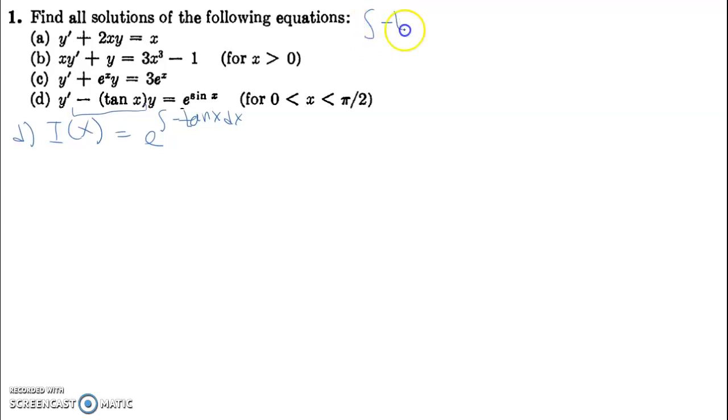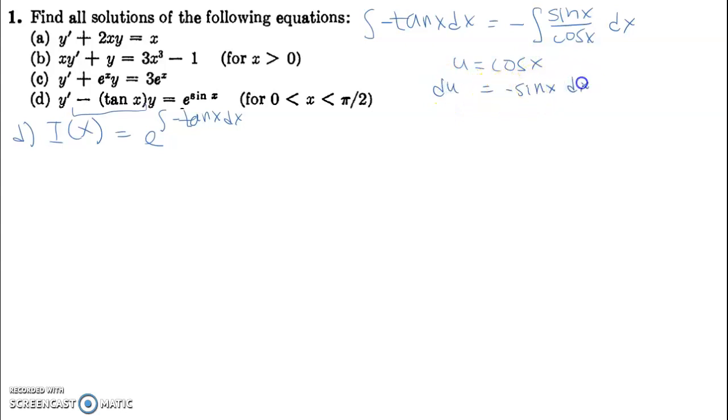So integral of negative tangent x dx, I can take out the negative for now, and tangent of x is essentially the same thing as sine of x over cosine of x. I can use the substitution and say u equals cosine of x, and du equals minus sine x dx.